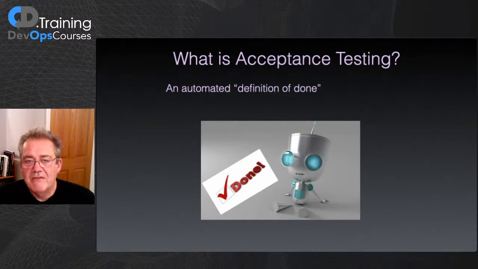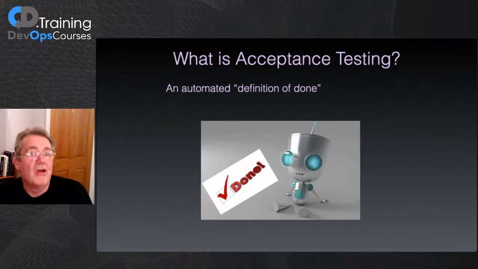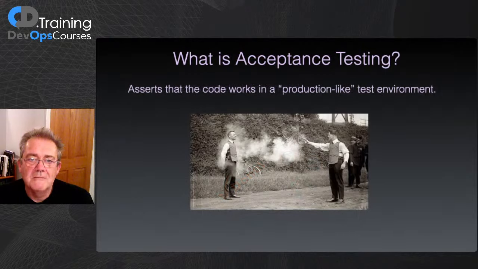Then we have this automated definition of done, which is a great boon to a development process to drive good practice in terms of building the right thing and not over-engineering solutions and so on. It gives us a target to aim for that is clearly defined.